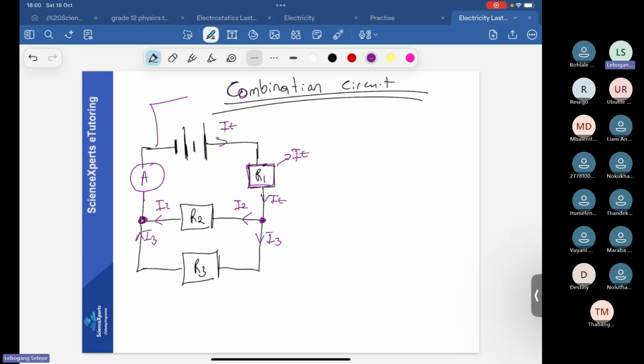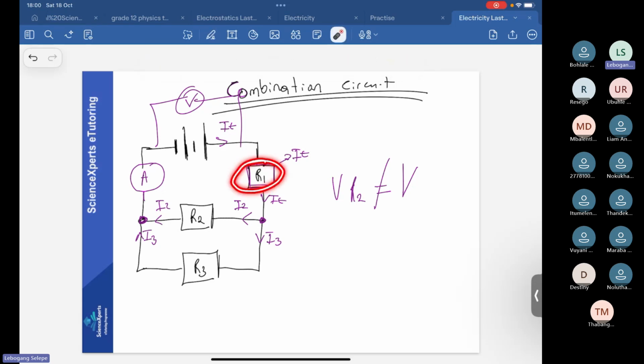If they give you a voltmeter reading here, the voltmeter reading across R2, V of R2, is not equal to V. It's because of this series resistor here. Some of the voltage needs to go here, then the rest would go there.